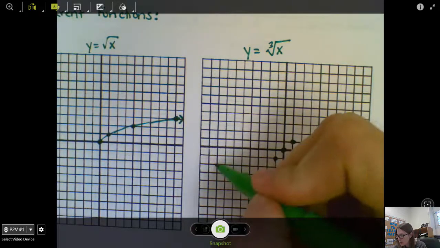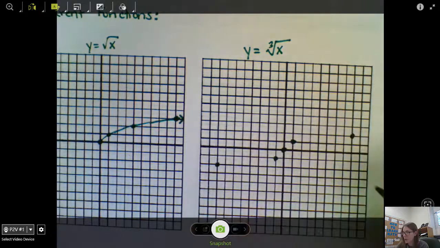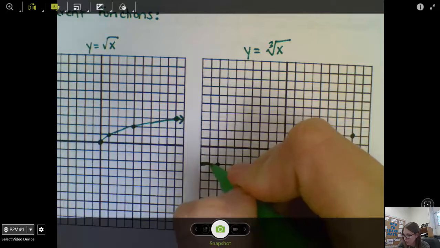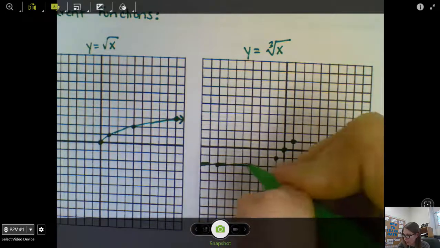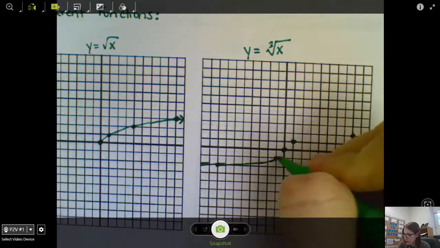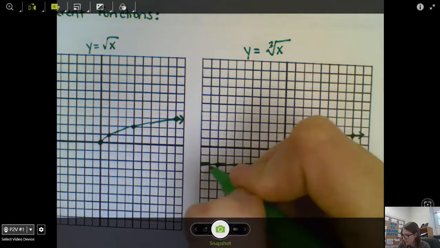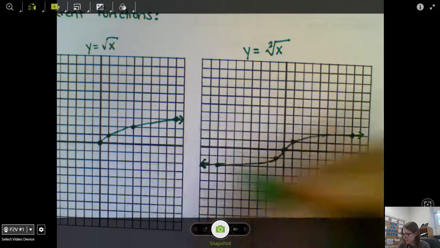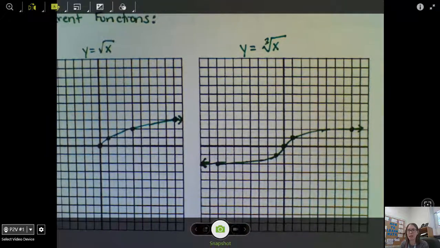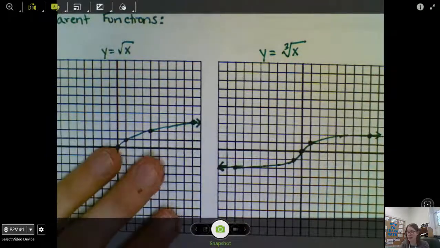Negative 8, we can also cube root and get negative 2. So my cube root function looks a little bit more like an S. These are my parent functions. Make sure you have these down somewhere.